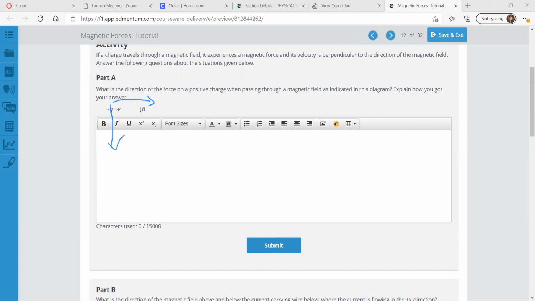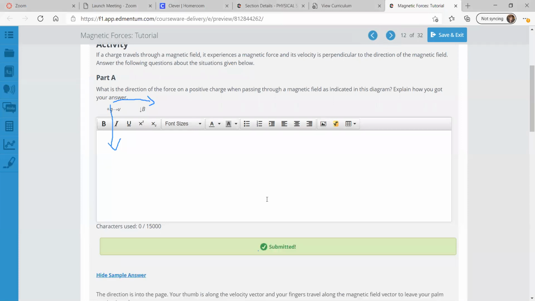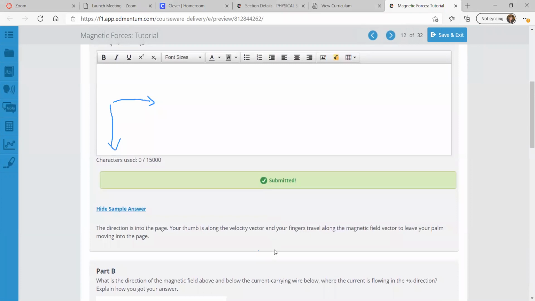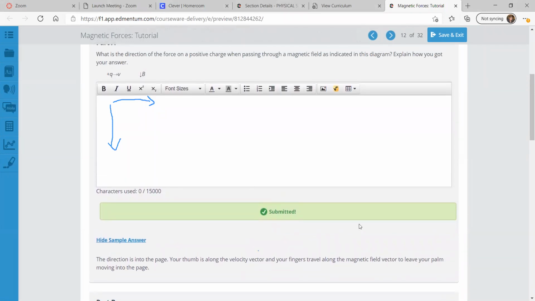If you do this correctly, your palm will be facing the screen, right? So the answer is into the page. Your thumb is along the velocity vector, and your fingers travel along the magnetic field vector to leave your palm moving into the page.